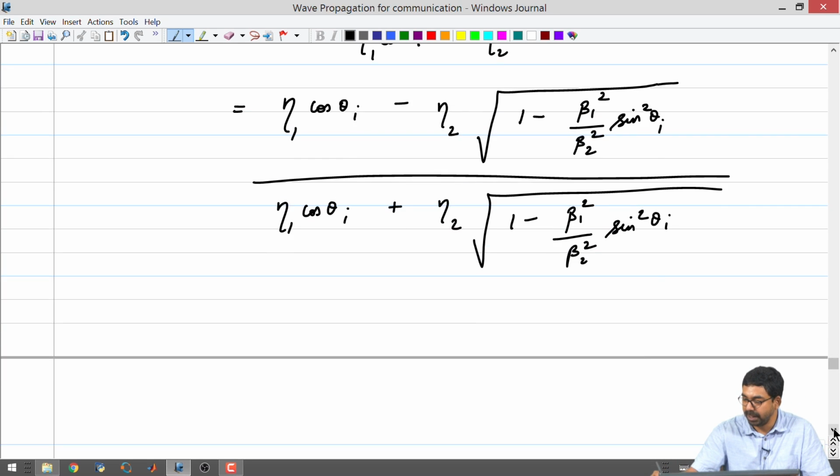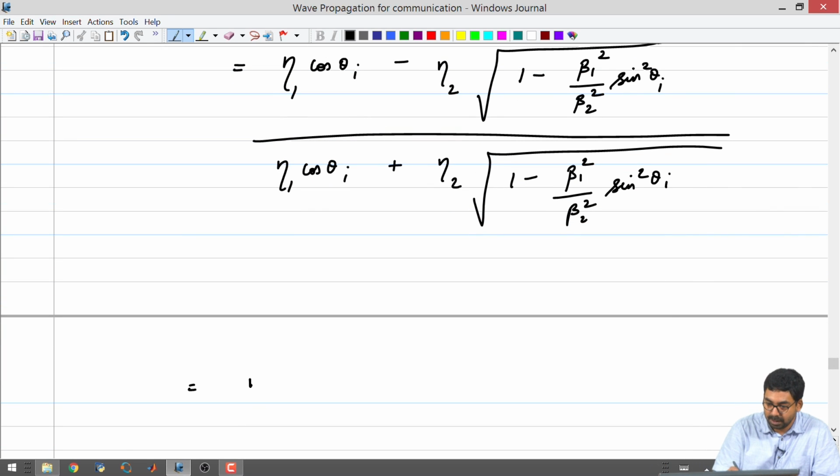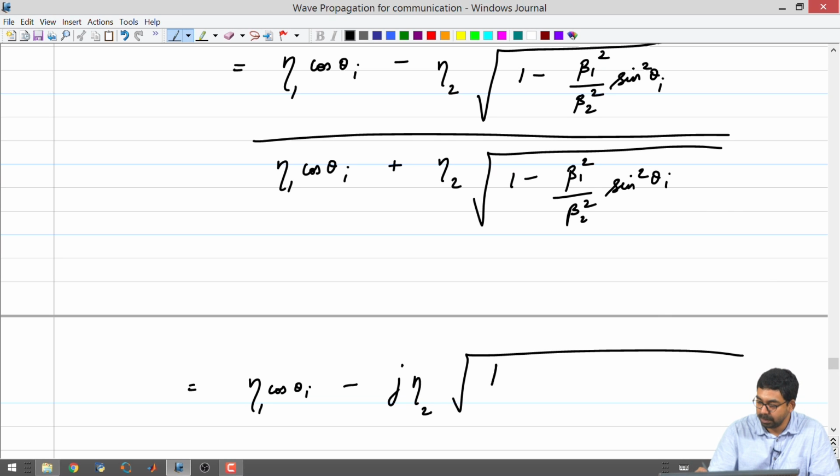So, you could just write down these terms as eta 1 cos theta I minus j times eta 2 square root of beta 1 square by beta 2 square sin square theta I minus 1.